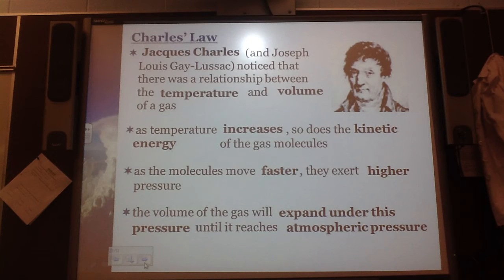They want to equalize out the pressure, so it expands, just like a balloon. Let's play with balloons.